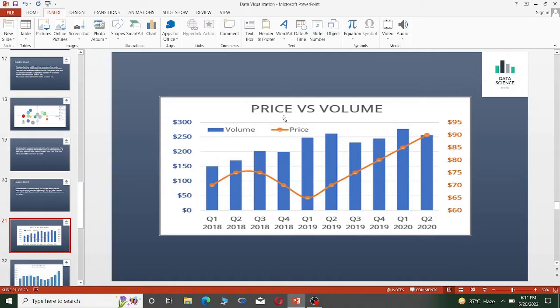So we need to analyze price and volume quarterly for the years 2018, 2019, 2020. For quarter 1 of 2018, the volume was around 150, and the price was around $75. This is how we interpret the combo chart.